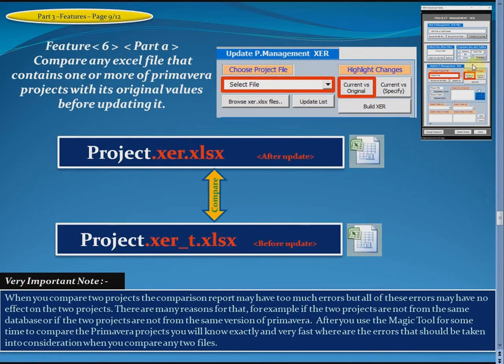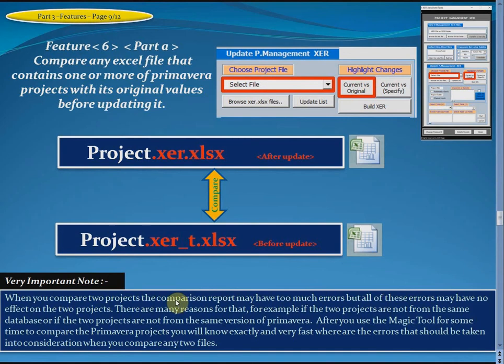When you convert the Primavera file to an Excel file through this option, the magic tool saves a copy of the original file that can be used in the comparison. Select the project file from here and compare it with the original file from here to get the comparison report.